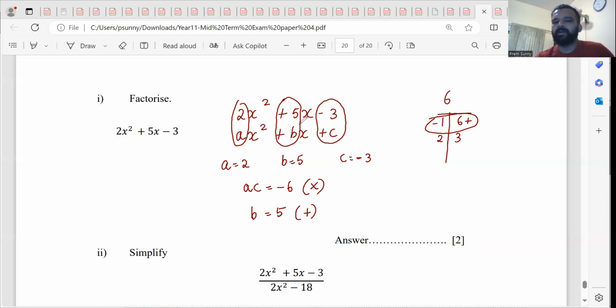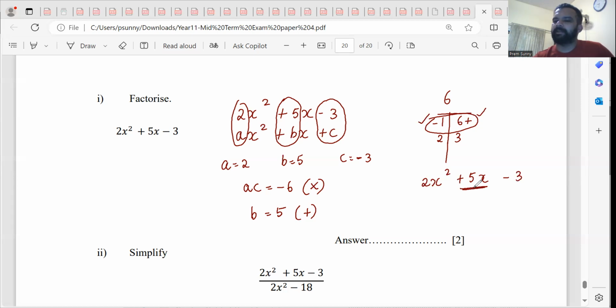Now, going back to the original expression, 2x square plus 5x minus 3, instead of this middle term, we write those two numbers, the modified pair. This method is also called splitting the middle term. Instead of plus 5x, I'll write plus 6x minus 1x, since 6x minus 1x is basically 5x.